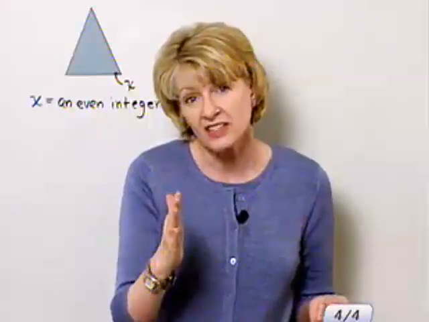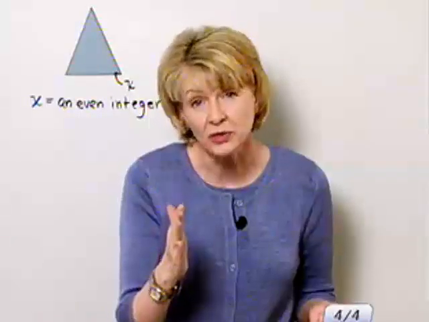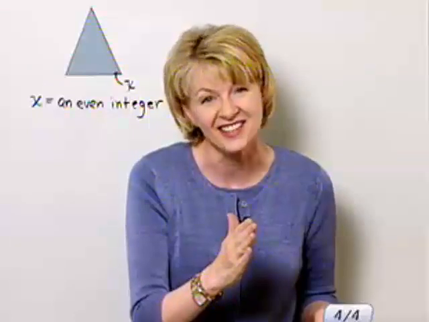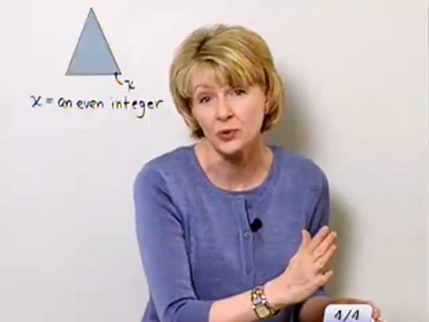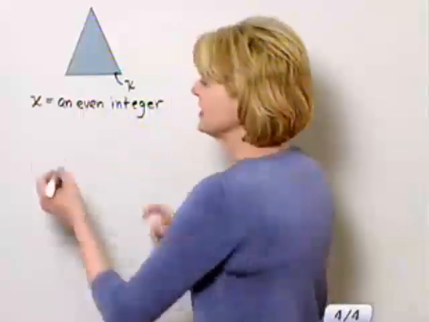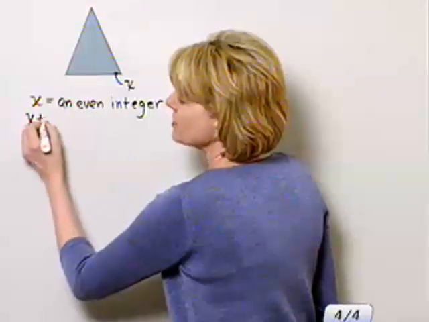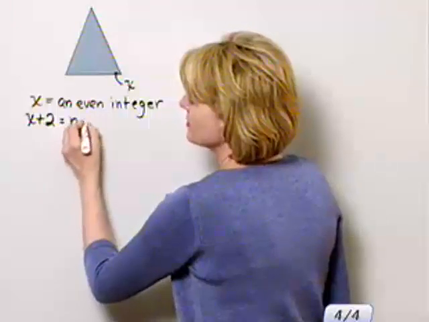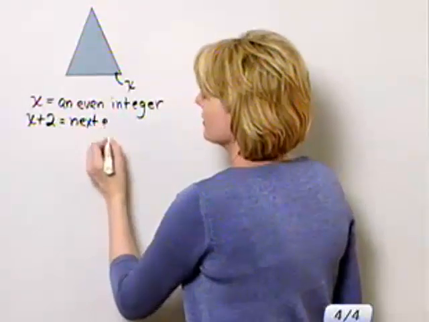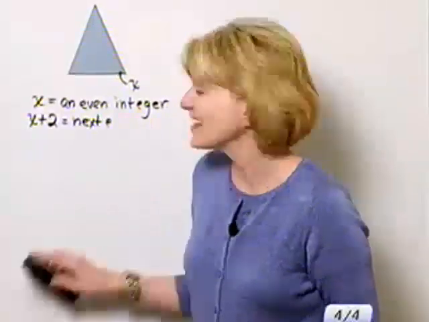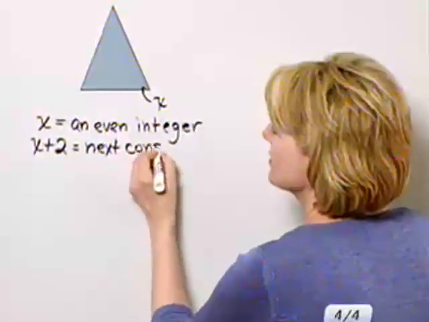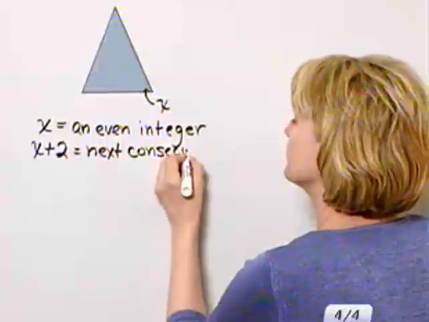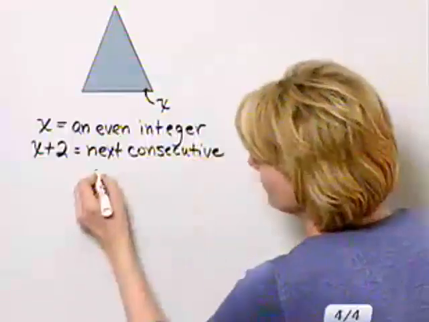So take the previous even integer, add 2 units, and you have the next even integer. And how do you get the next even integer? You add 2. So to get the next even integer, I add 2, and that is the next consecutive even integer.